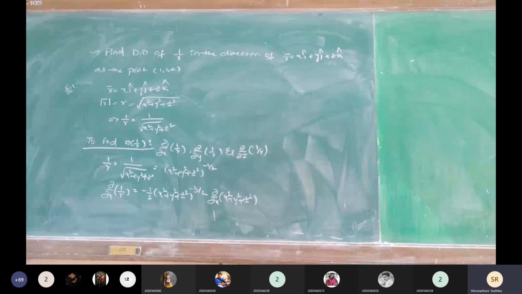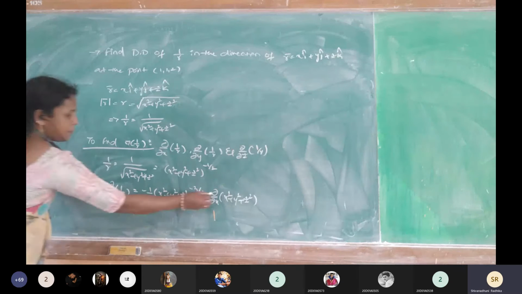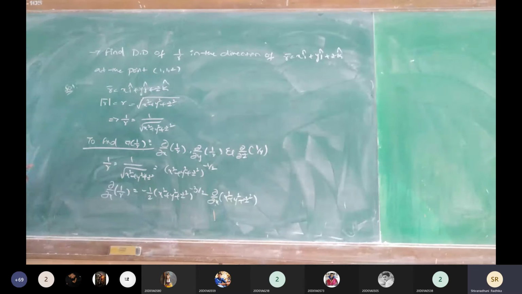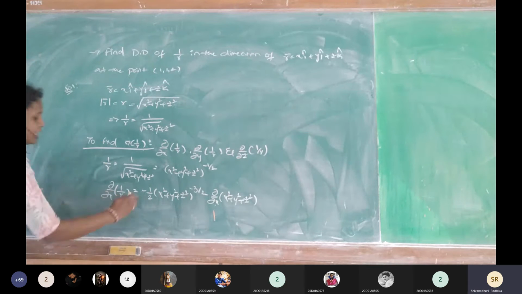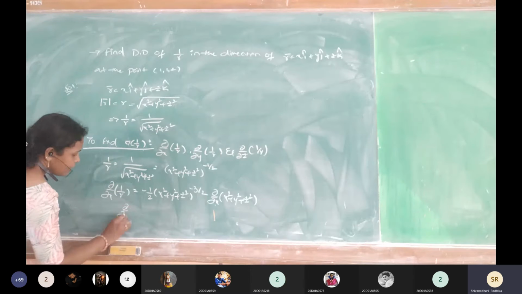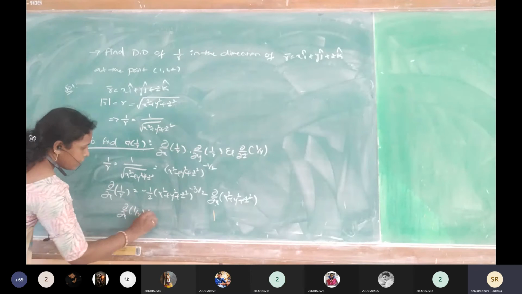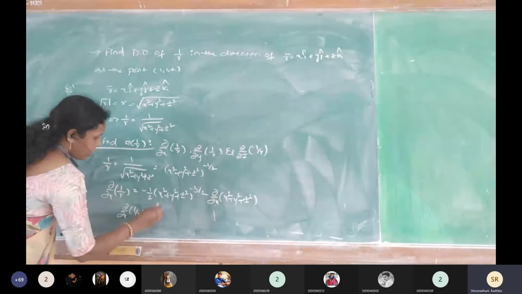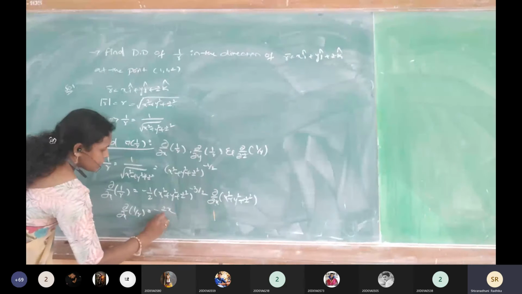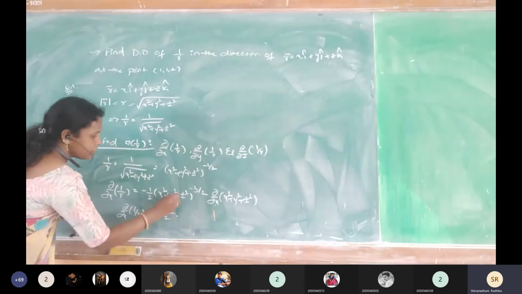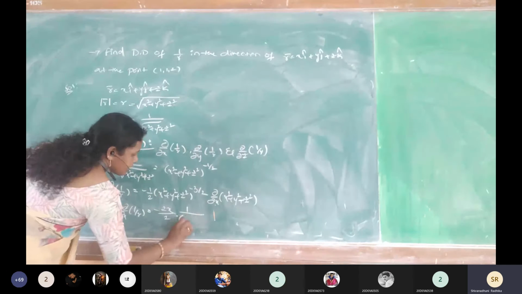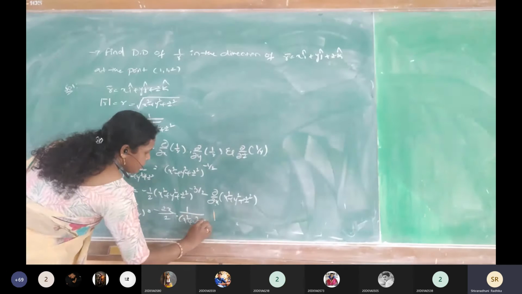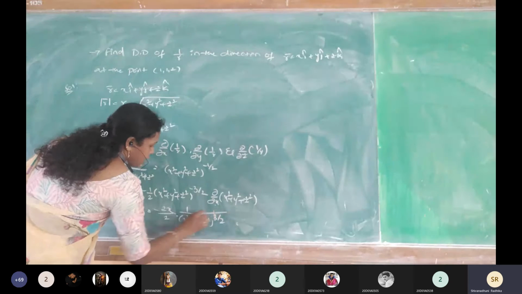Okay. Now here, del by del x of x square is 2x; y square and z square are constants. Remaining, I am going to write del by del x of 1 by r, that's what here 2x. The 2 gets cancelled. r can be written as 2x by 2 into, this can be written in the denominator, x square plus y square plus z square power 3 by 2.